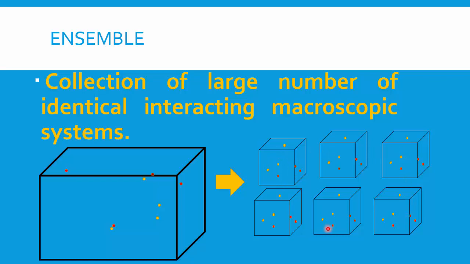Every second you have a picture, and the position, the momentum or other mechanical variables might change, but the volume enclosed, the number of particles and the energy will not change in each picture. This collection of pictures is basically called an ensemble.